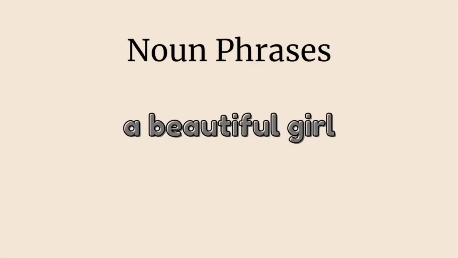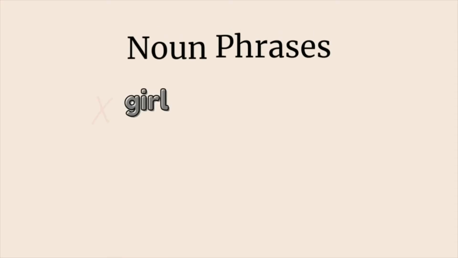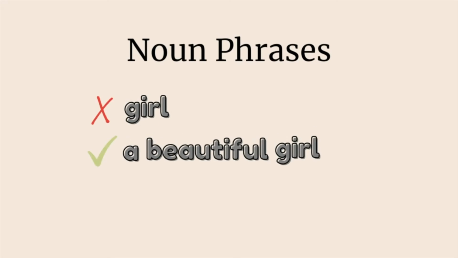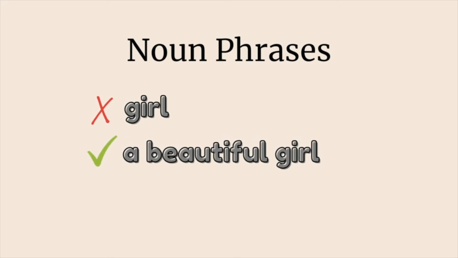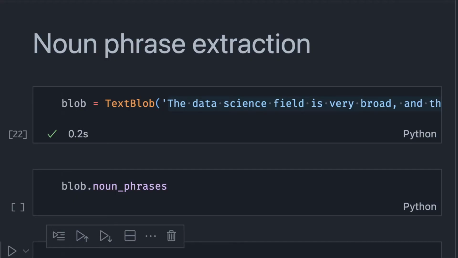A noun phrase is a group of two or more words that center on a noun. For example, girl is not a noun phrase, but a beautiful girl is a noun phrase. Sometimes it is important for us to extract noun phrases in the sentence instead of extracting individual nouns. TextBlob allows us to do that easily.